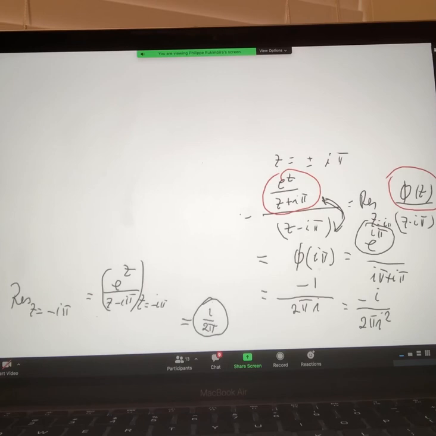So the residue of e^z over z squared plus pi squared is going to end up to be e^(-i pi) over negative 2 i pi. e to the negative i pi or e to the i pi, same thing, it's negative 1.